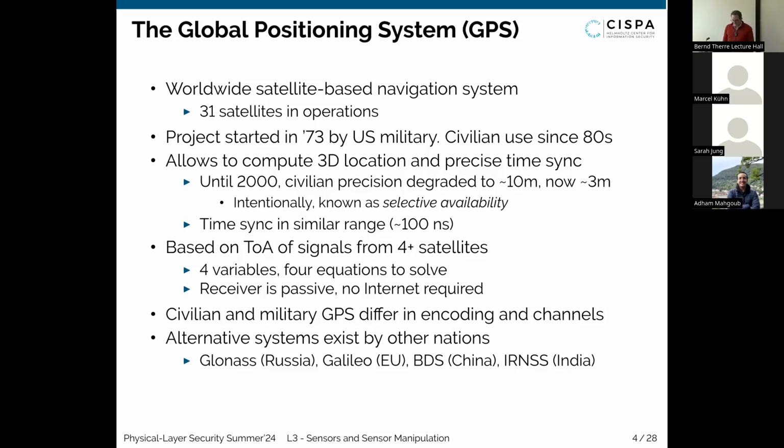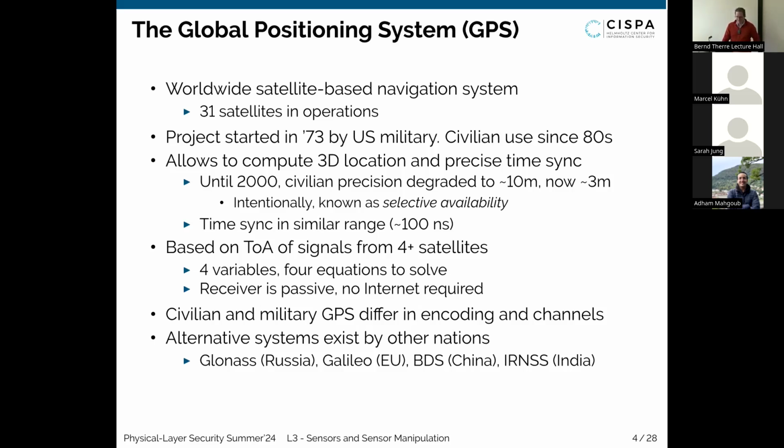So fundamentally, GPS allows the receiver to compute 3D location and precise time synchronization, which I mentioned before as well. Originally, until the 2000s, the civilian GPS had intentionally degraded performance, where the precision was only around 10 meters.